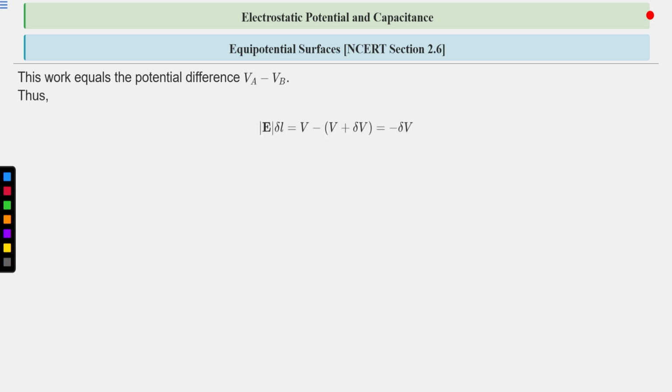So E delta L is equal to V minus (V plus delta V), which is minus delta V, because this positive charge is moving from higher potential to lower potential.